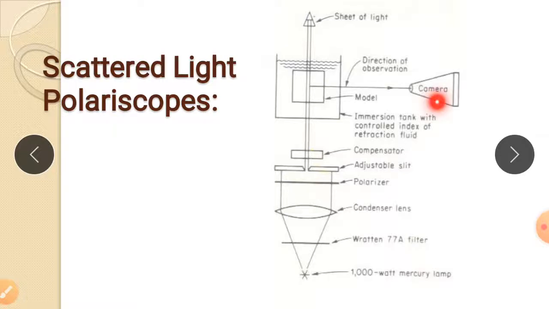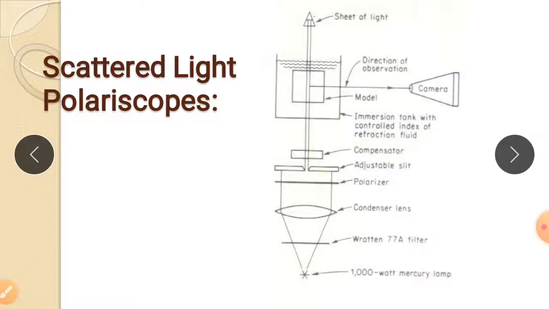If you want to change the point of interest for stress, you can adjust the camera position, and you can also adjust the adjustable slit to get the direction of light along a particular path. Like that, you have many adjustments in your scattered light polariscope to get the stress phenomenon in many directions. That is one of the advantages of this scattered light polariscope.